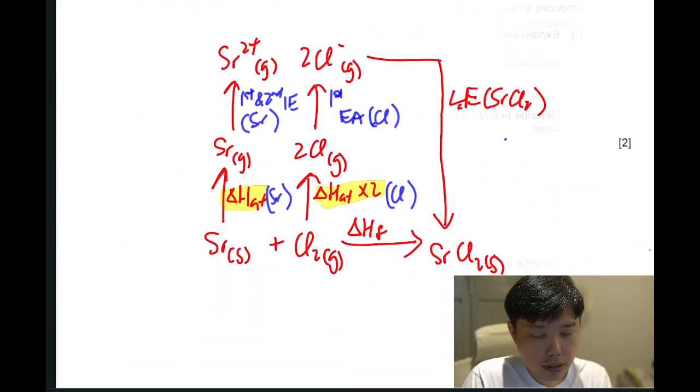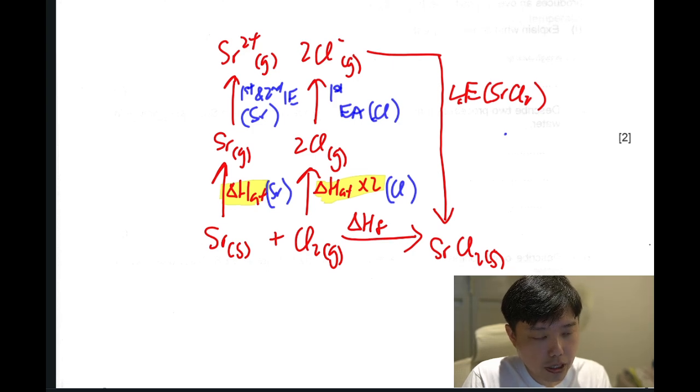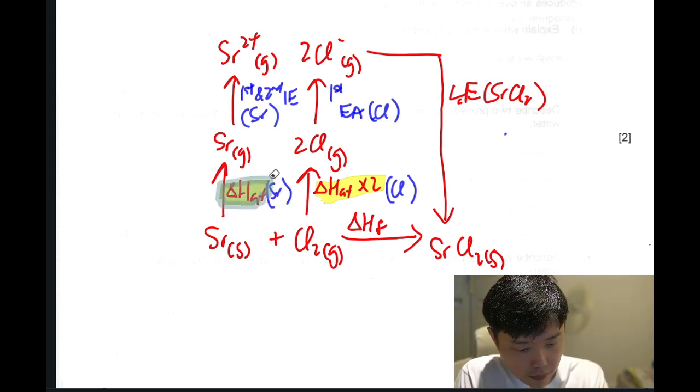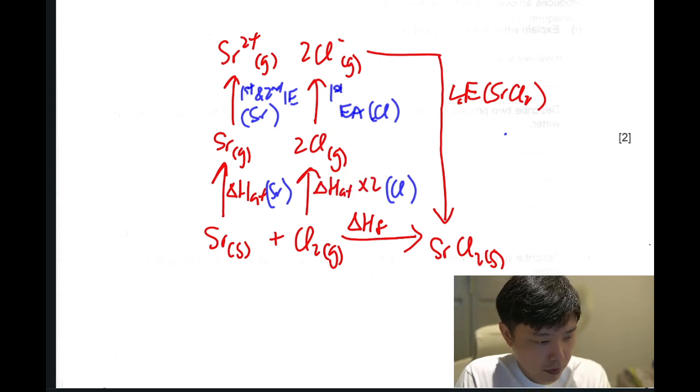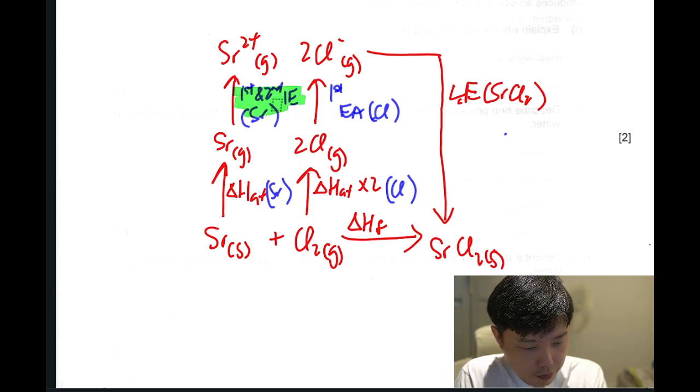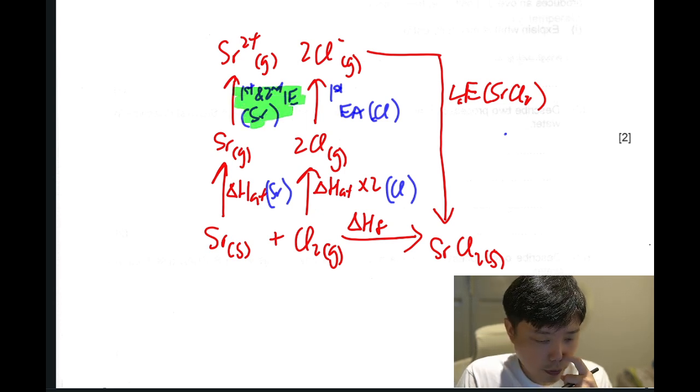Okay, then this obviously is your lattice energy, strontium chloride. So this is a very simple Born-Haber diagram, which you should have learned in your energetics. So basically, you just need to find all these values. I'm just going to highlight the values that you need from the data booklet, first and second IE for strontium. And I think the rest is actually given.